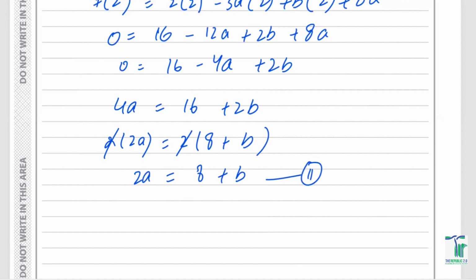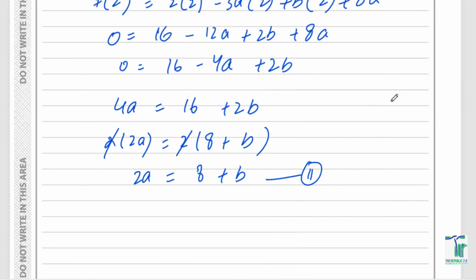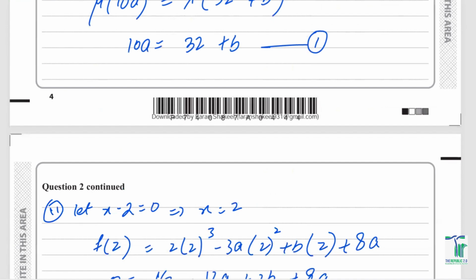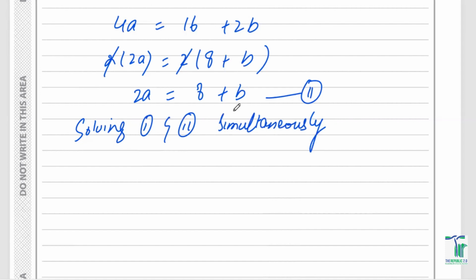Now, what we need to do is solve both of these equations simultaneously, this one and this one, to get the final answers for a and b. So the next step is solving equation number 1 and 2 simultaneously. When you solve it, you can get the values of b. The value of b from here would be 2a minus 8.